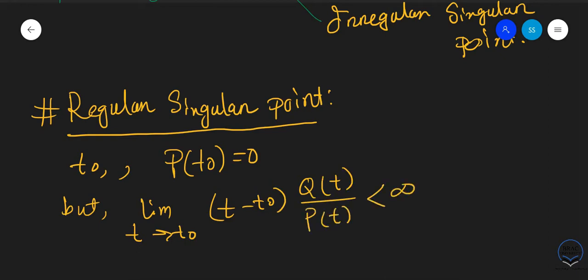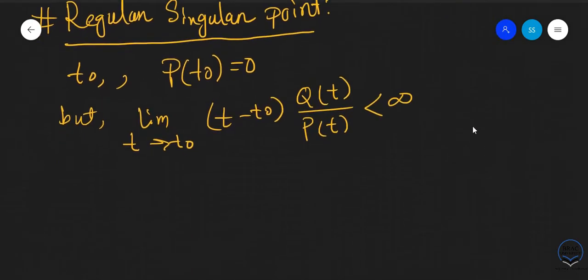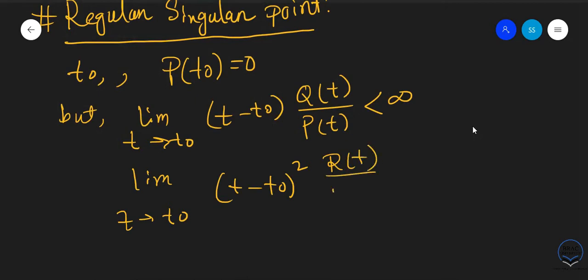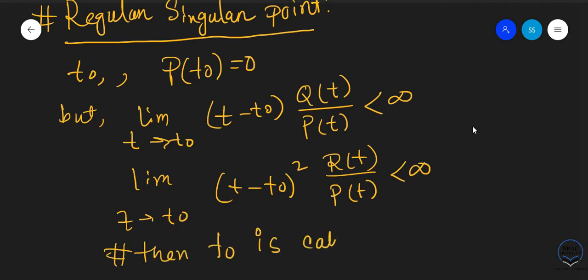If you see this happening, and at the same time you see that the limit when t goes to t0, t minus t0 squared r of t by p of t is less than infinity, then this t0 is called a regular singular point.